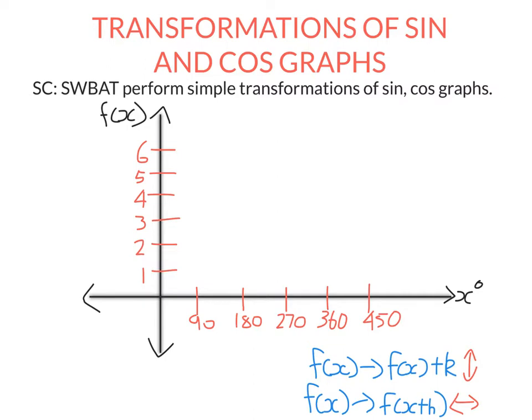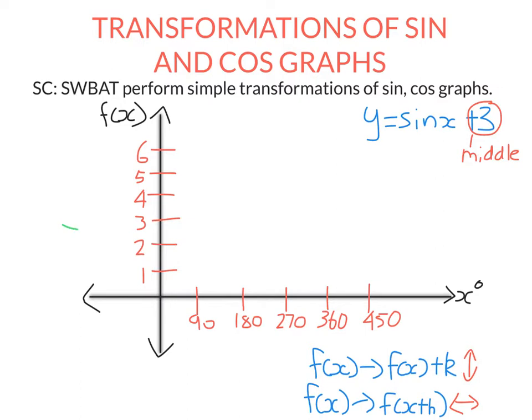So let's look at this as we graph something like y equals sine x plus 3. What that will do is take the sine graph and shift it up by 3. When you're taking cos or sine and shifting it up or down, this number by itself you can see as the middle of the graph.